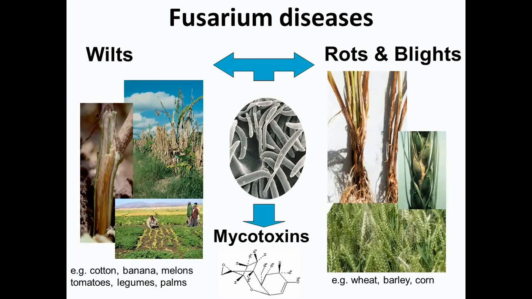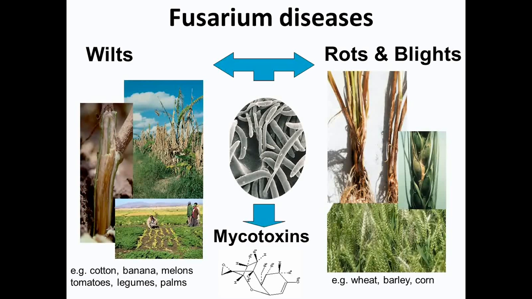Also in cotton, Fusarium wilt, but also a number of other horticultural commodities like tomatoes, legumes, even in some tree species like palms. But also these different Fusarium pathogens can cause rots and blights in cereal crops mainly.